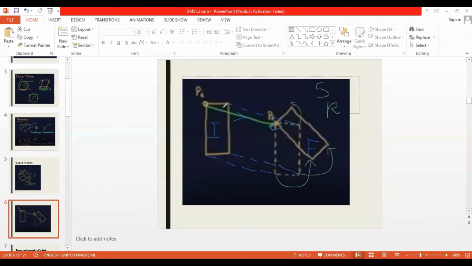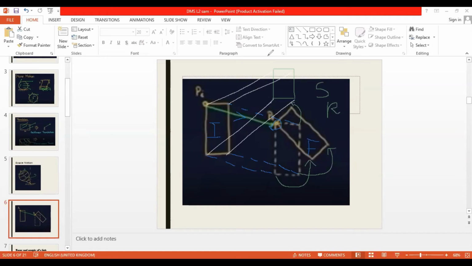If you consider this object now moved somewhere here, what actually happened is it moved to this position, but there is no rotation, right? So what happened here is a pure straight line motion. You see, there is no rotational motion.